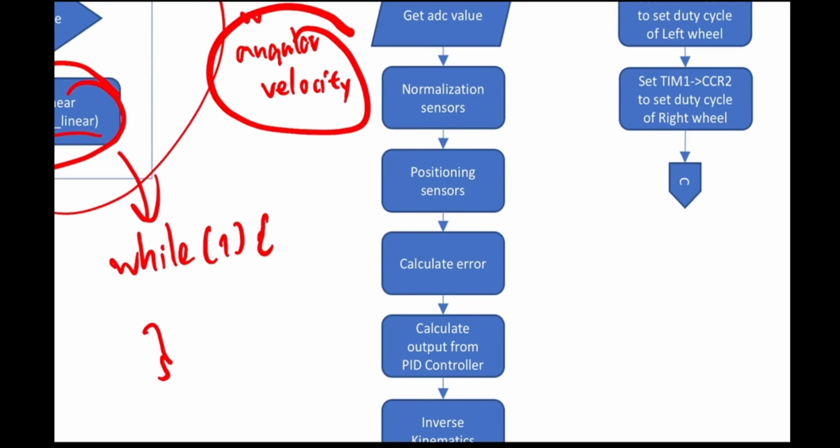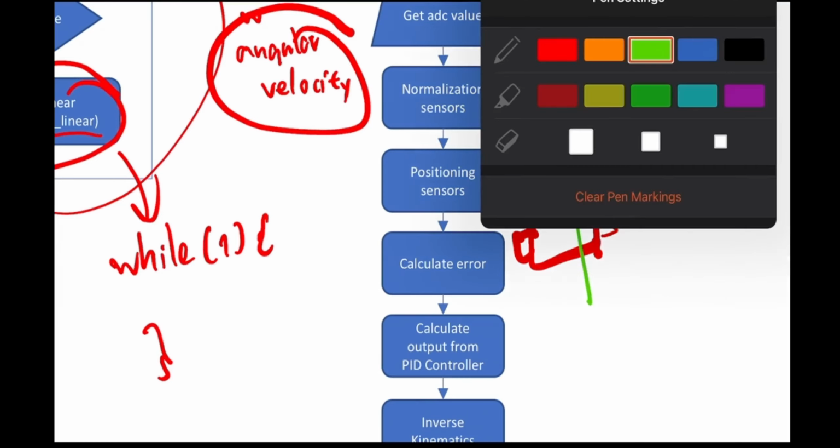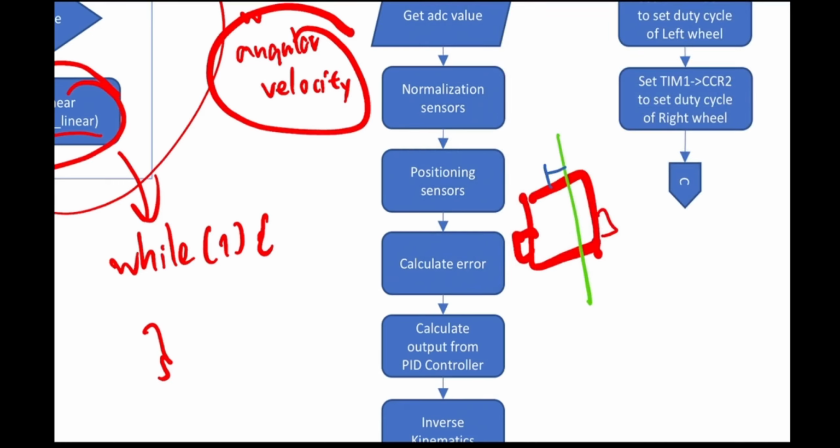This is related to the thing that I taught you before. This is the robot, this is the sensor of the robot, and the line is here. We have to measure between the set point and the line, and that is the error.